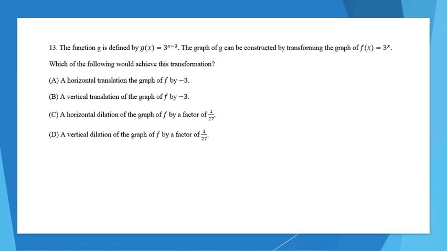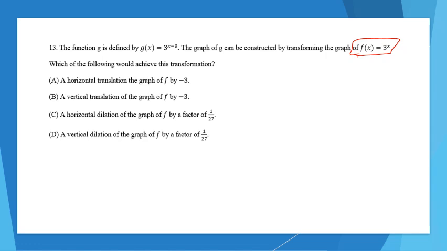Number 13, the function g is defined by g of x equals 3 to the power of x minus 3. This is working off of the transformed graph of just that parent function f of x equals 3 to the power of x. Which of the following would describe this transformation?